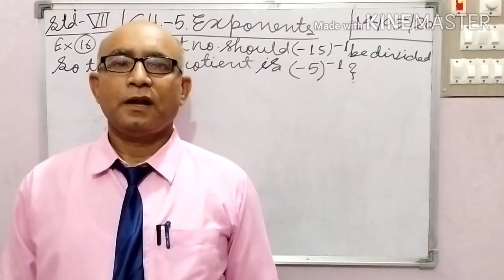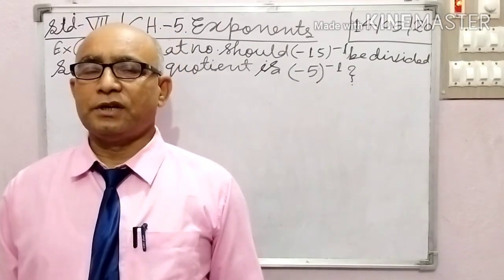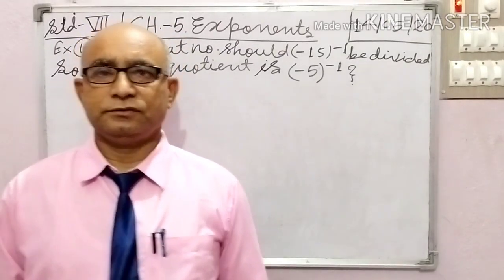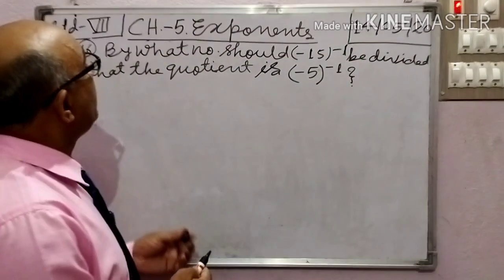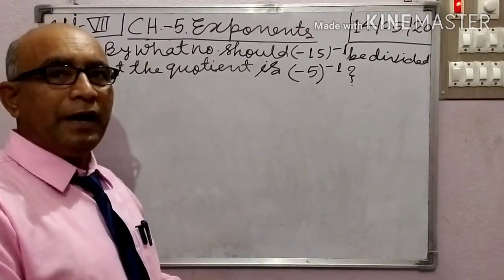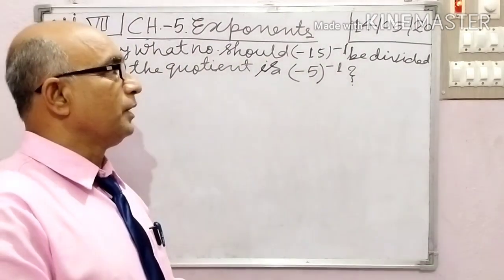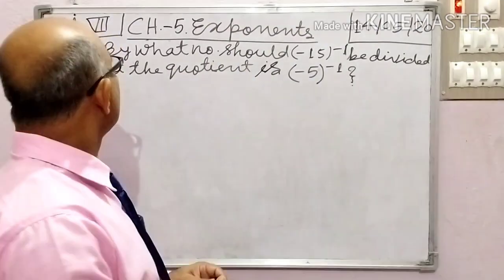Write it. Students, next question is example 16. By what number should (-15)^-1 be divided so that the quotient is (-5)^-1?